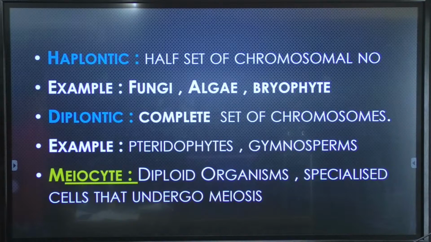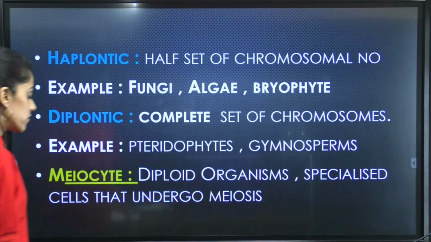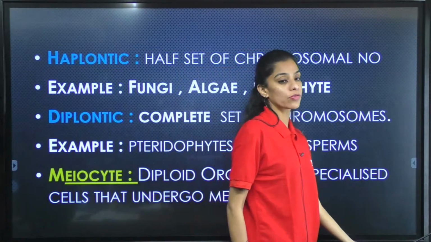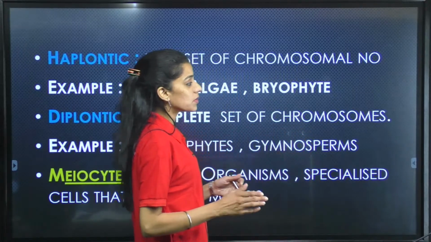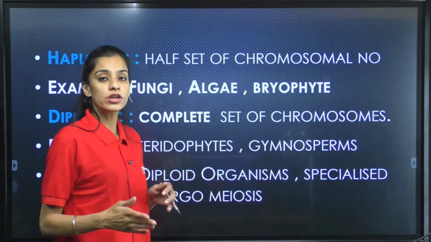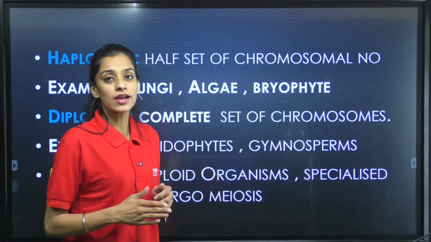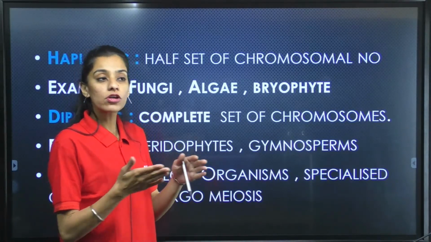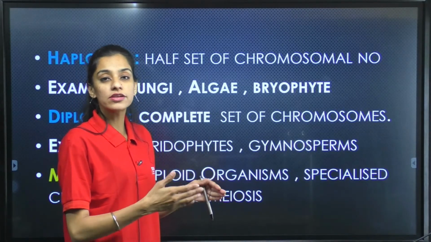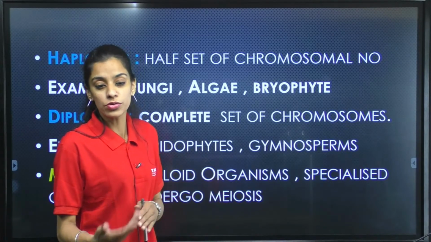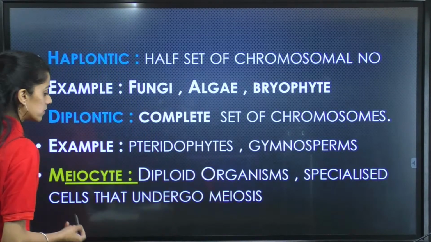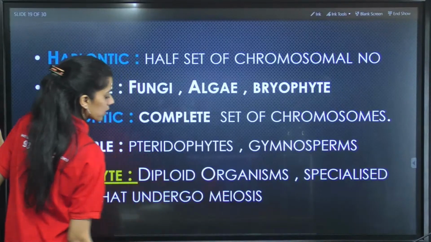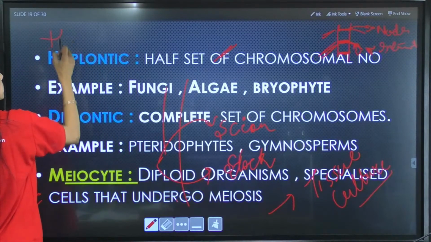And along with this there is one more life cycle, which is referred to as haplodiplontic, in which both the phases, haplontic and diplontic, are quite equal, and we cannot justify that it is going to be either haplontic or diplontic.